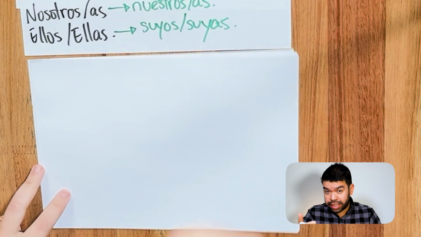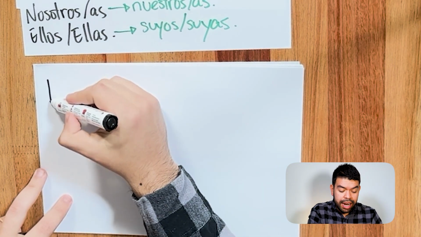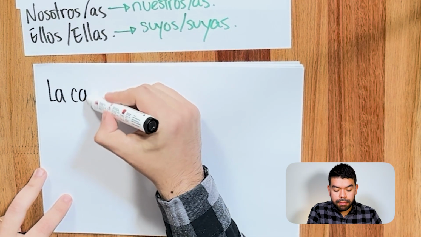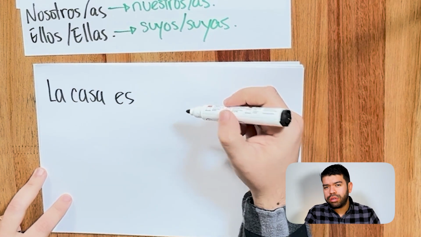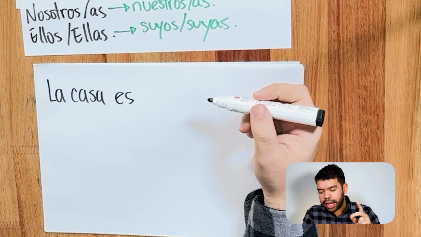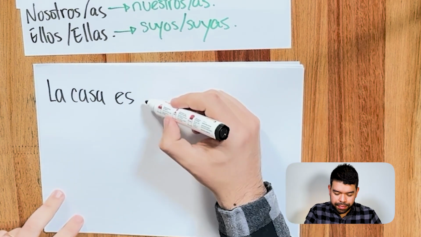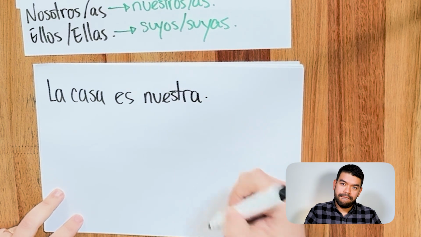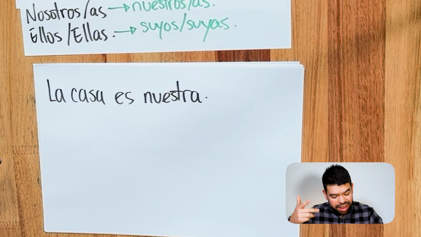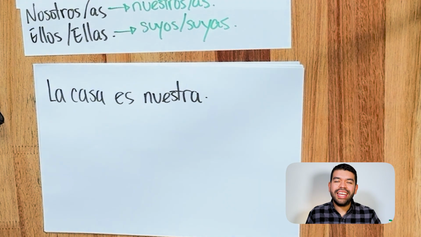Let's keep talking about the house, right? La casa es... whose house is it? Let's say it's ours. La casa es nuestra. And then we can keep talking about the logic.